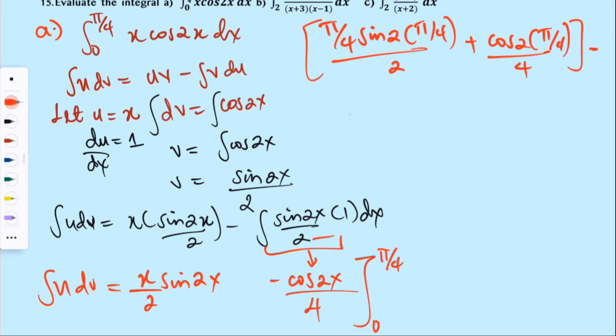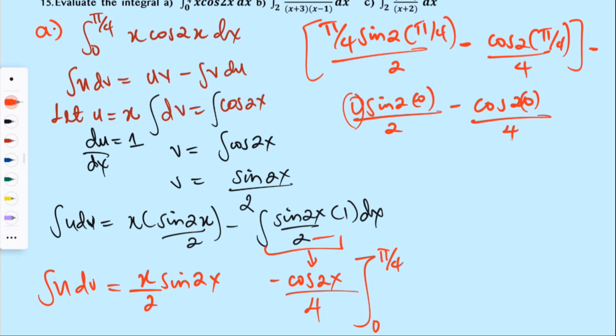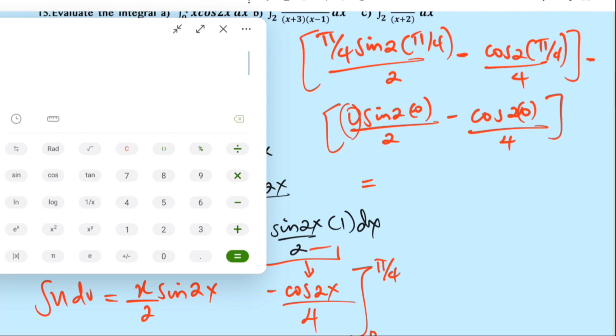So wherever we see x we put 0: 0 sine 2 times 0, obviously this will cancel out to a 0, minus, okay, there should be a minus here, minus cos of 2 times 0, over 4, to get our answer.